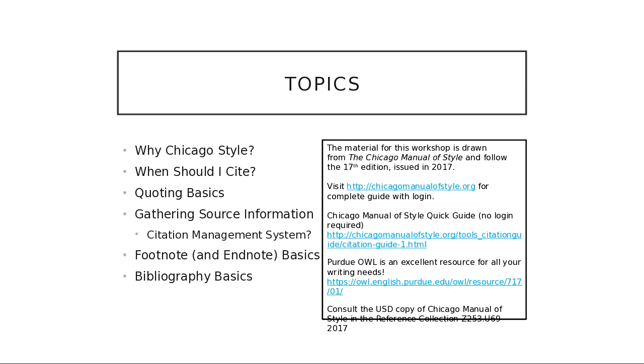I put a couple resources in this slide here for you to use. The chicagomanualstyle.org has the complete guide online. If you log in, you can get a free trial. If you're finishing up a research paper or project, that might be worth doing. Otherwise, I recommend using the quick guide. No login is required. It's the resource that I go to when I'm working on my citations and I'm trying to remember how to do something.